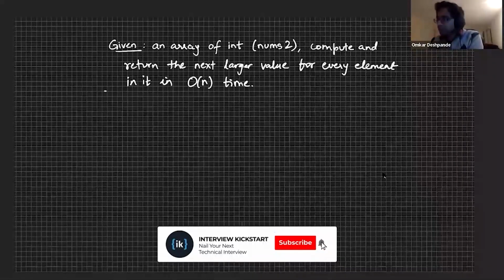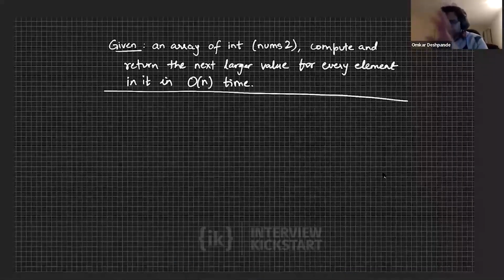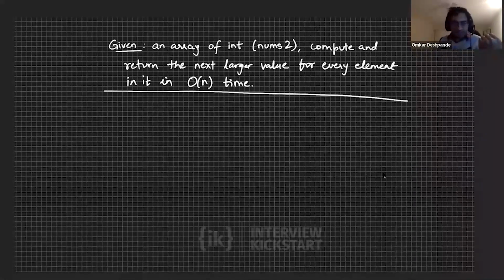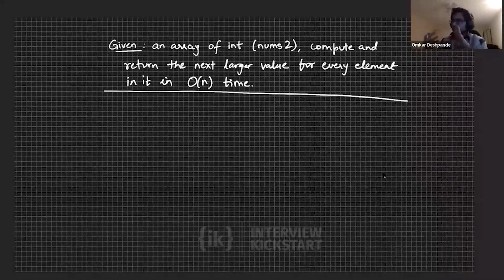So the only change, therefore, from the previous two problems is we want to find the first larger value we see on the right side instead of on the left side. On the surface, that doesn't seem to be changing anything.